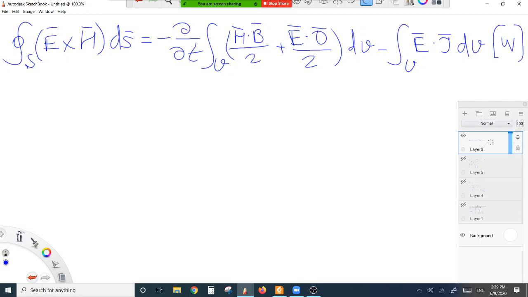This is the power. The unit of measurement is watt.